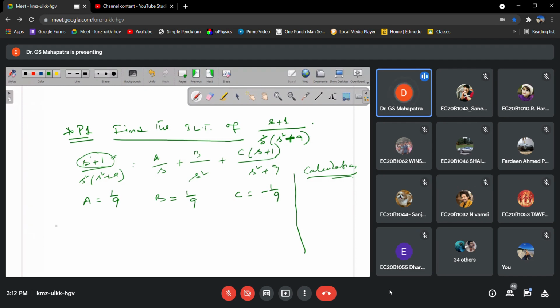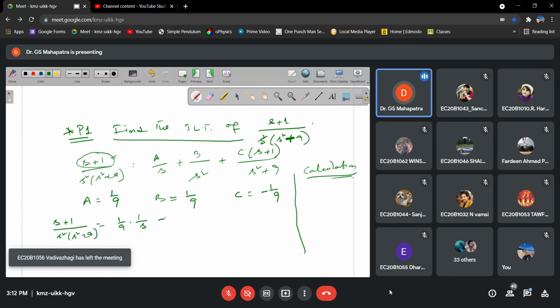Okay. So now (s plus 1) by s square into (s square plus 9) equals, A means 1 by 9 into 1 by s, plus 1 by 9 into 1 by s square, plus minus 1 by 9 into (s plus 1) by (s square plus 9).